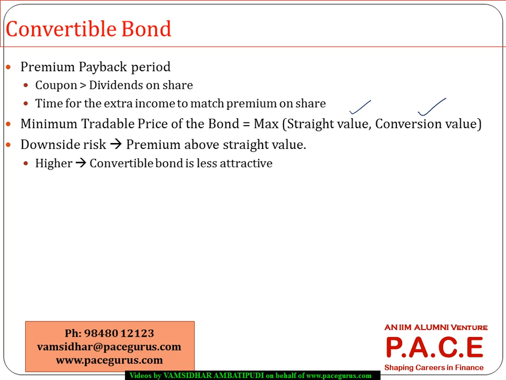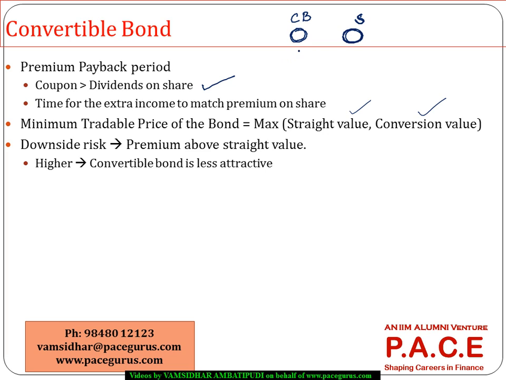Here, the interesting part to understand is the premium payback period. What we generally see with respect to convertible bonds is that the coupon will generally be greater than the dividend. There are two options for me at the beginning. I can buy a convertible bond, which gets converted into a share later, or I can buy a share right now itself.